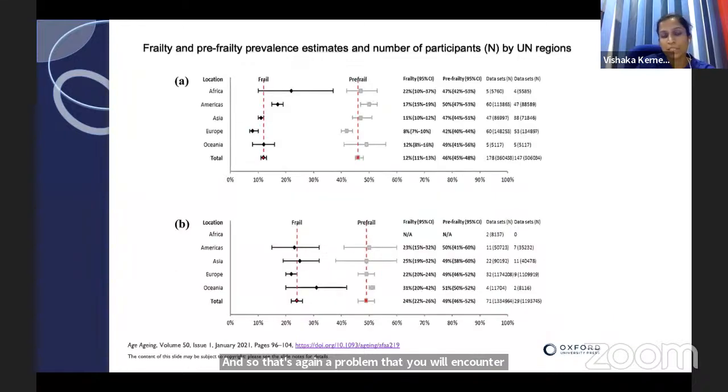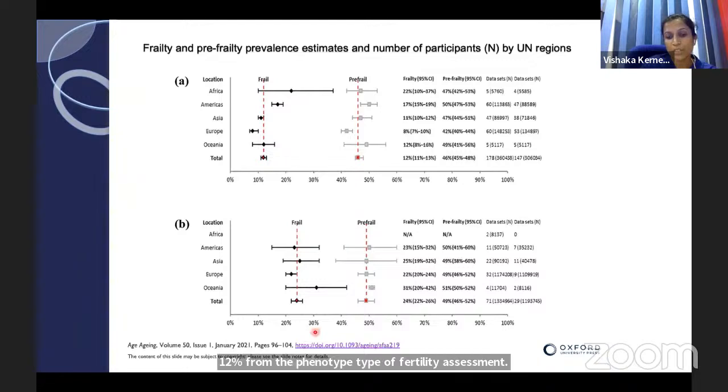So this is a summary in different areas of the world. They found that the total cumulative frailty prevalence in this whole meta-analysis was nearly 12% from the frailty phenotype type of assessment.